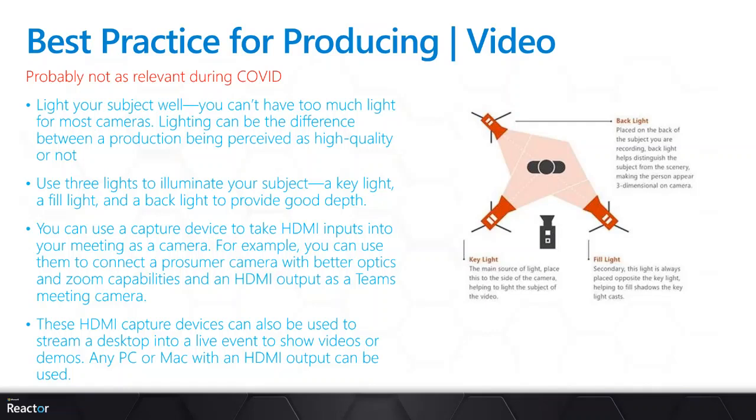It goes into using 3 different lights. Like I say, probably not that relevant during COVID, but it's making sure you're getting the best shot possible. And there's talk around if you're using a prosumer camera, you can use HDMI inputs and use that as a camera at home rather than maybe a webcam that isn't going to give you as good quality.